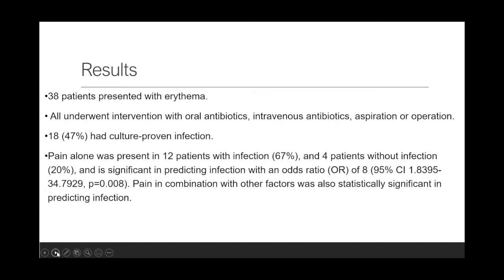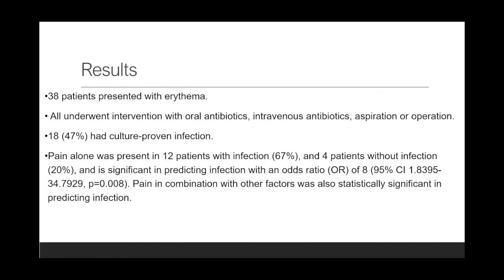We found that 38 patients presented with erythema. All 38 patients underwent further intervention with antibiotics, aspiration, or operation. 47% of these patients had culture-proven infection. Pain alone was present in 67% of patients with infection and 20% of patients without infection, and was statistically significant in predicting infection with an odds ratio of 8.